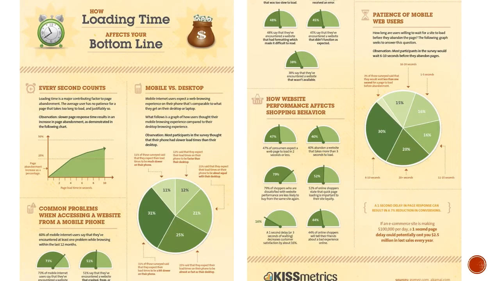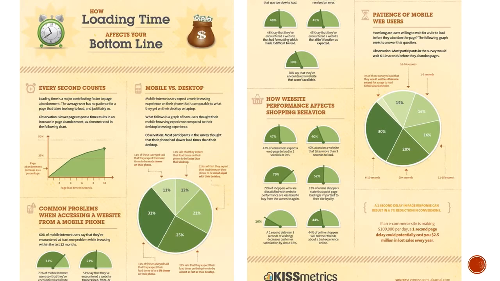So this is central. If 31% of the people, frankly speaking, 31 and 25 is 56, 56 and 21 is 77. So 77% of the users expect that mobile is likely not to match up with desktop speed.